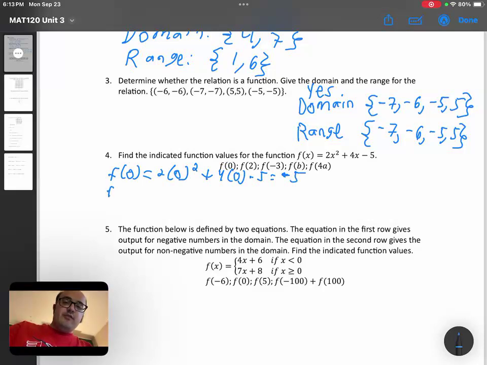For f of 2, this would be 2 times 2 squared plus 4 times 2 minus 5. And that would give us a value of 11.